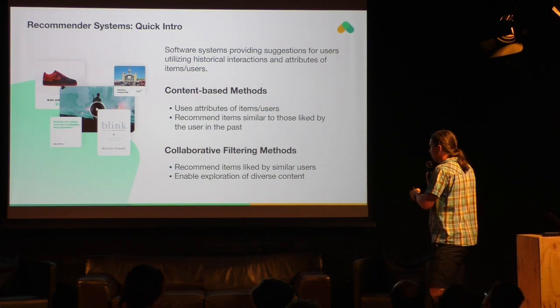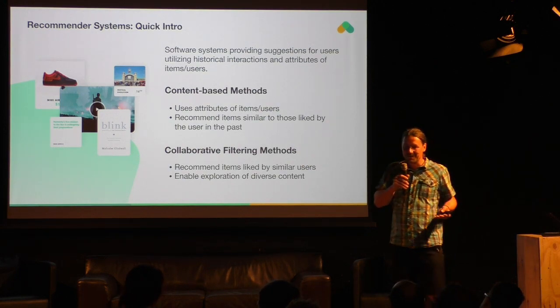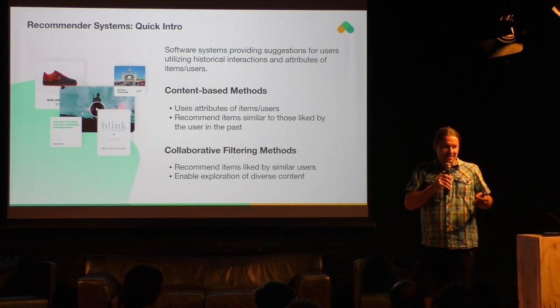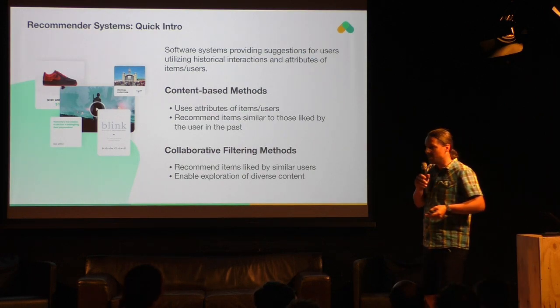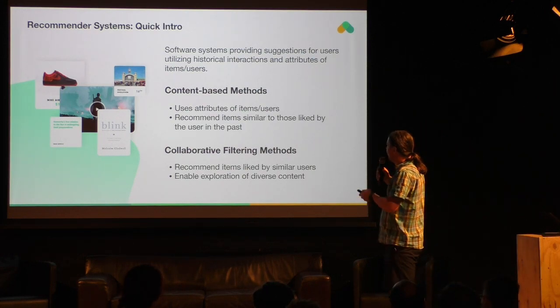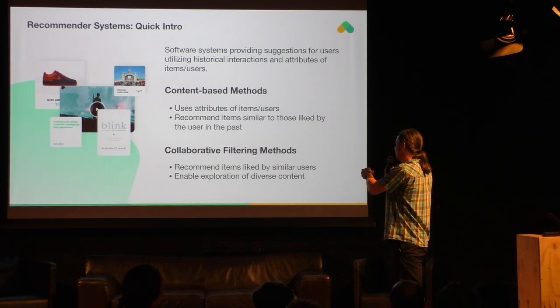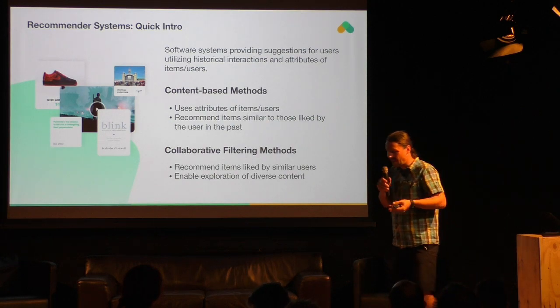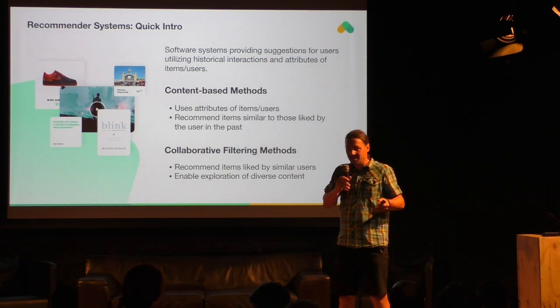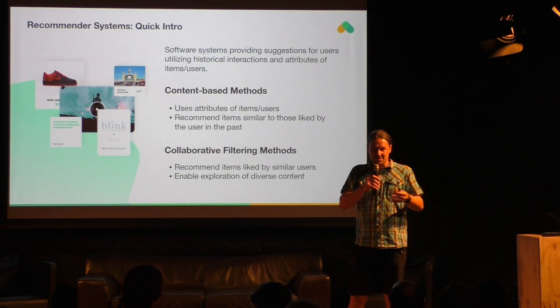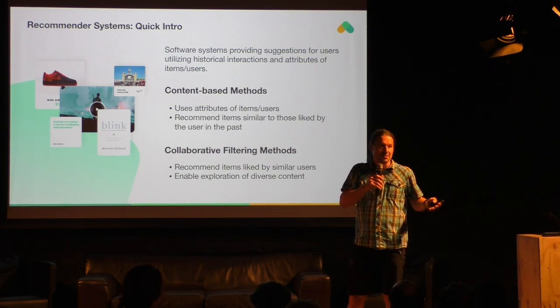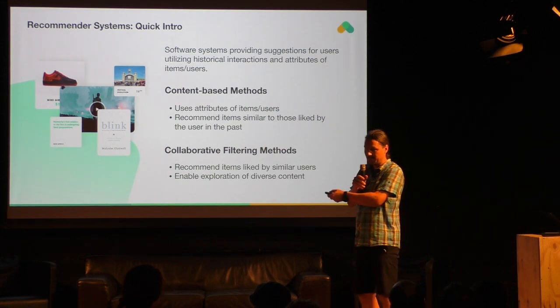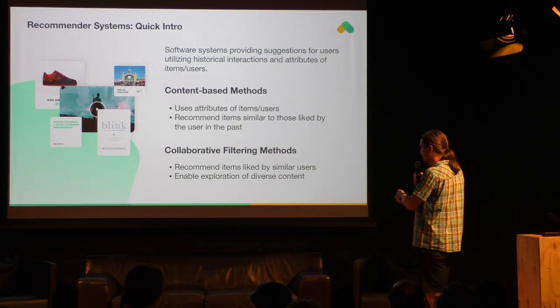So the only thing you can use for the recommendation is the attributes of products and users. This type of method is not able to recommend you something completely different. It just recommends something which is similar to something you have been interacting with in the past.